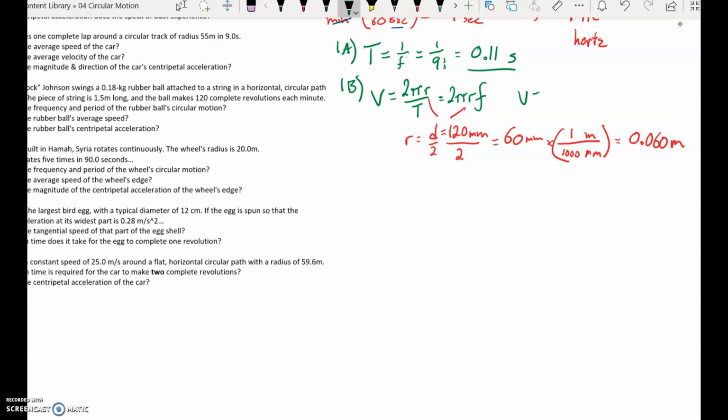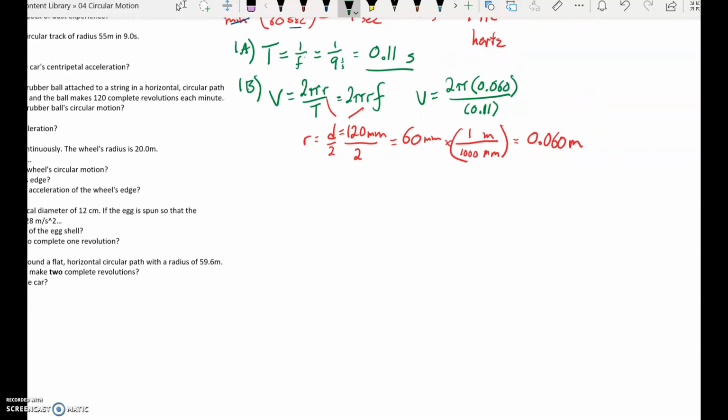So that my speed is 2 pi r divided by my period. And as I said earlier, you could divide by 0.11 for your period, or you can multiply by 9 for your frequency. You'll wind up with the same math.